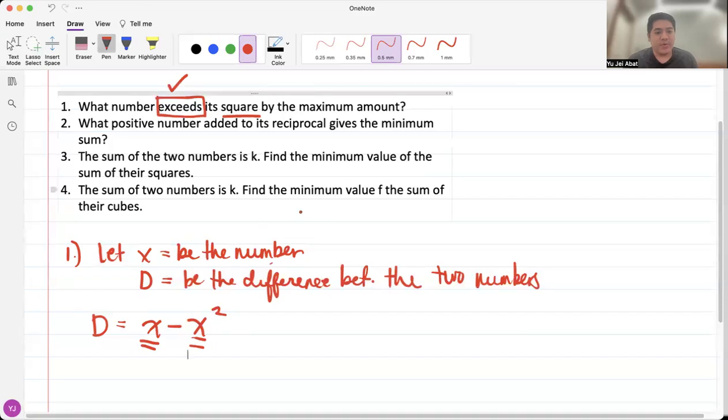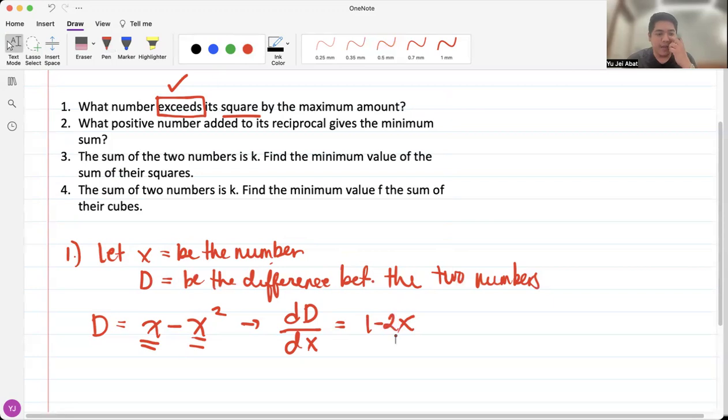So we know that we need to get the first derivative of that. The derivative of the difference with respect to x, that's the first derivative, would be 1 minus 2x. We equate that, of course, to 0 to get the maximum amount.